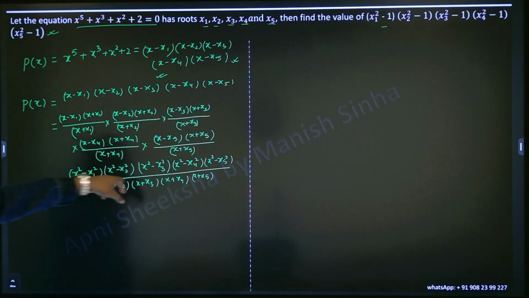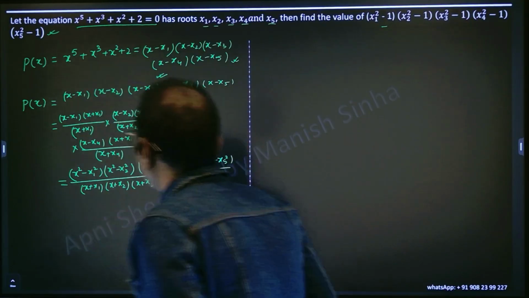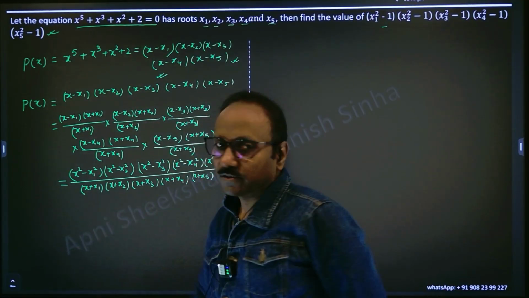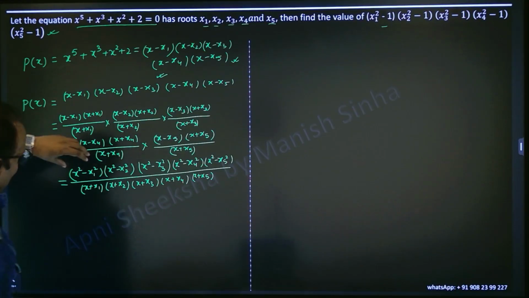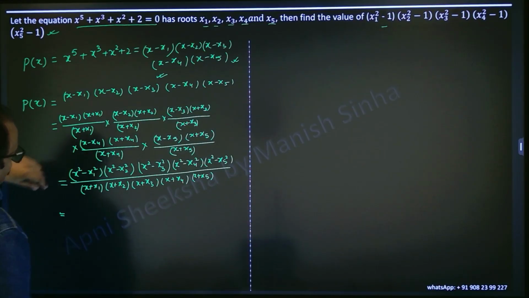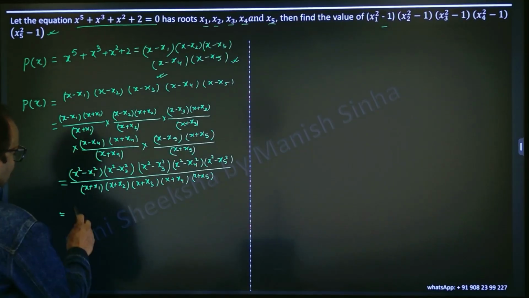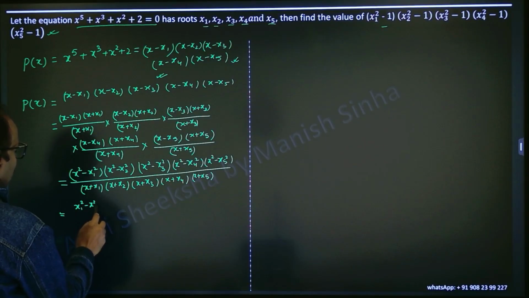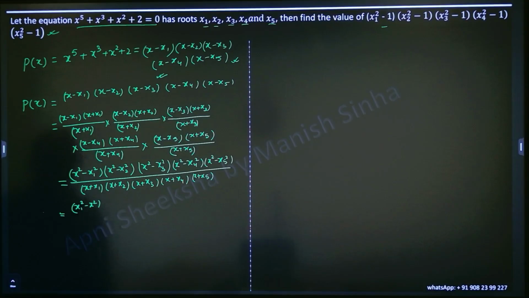So squares of x1, x2, x3, x4 you got already. Now your next target is to make it x1 square minus 1, right? So you multiply each term by minus 1. So what will happen? x1 will come forward, right? So your x1 square minus x square will be coming with minus 1, right? Minus.